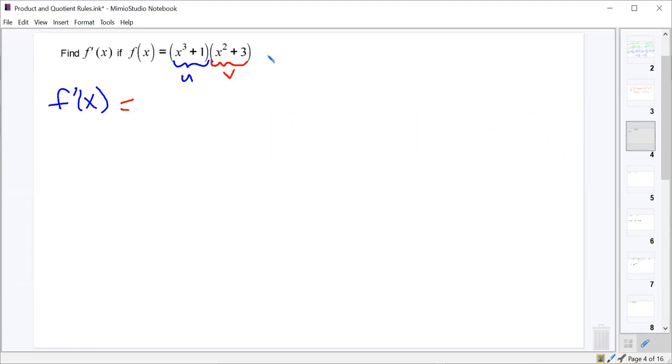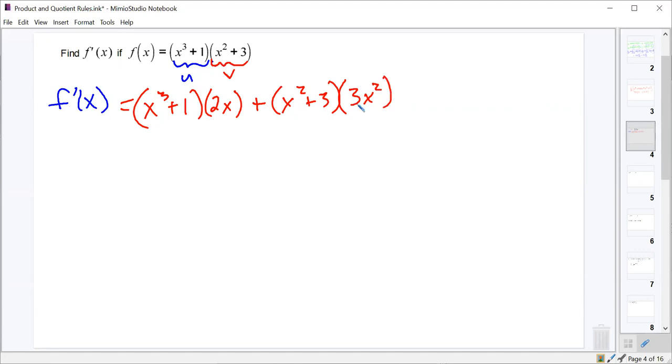The derivative of a product of two functions is the first function times the derivative of the second function. So what's the derivative of x squared plus 3? 2x. Plus the second function, x squared plus 3, times the derivative of u, which is 3x squared.